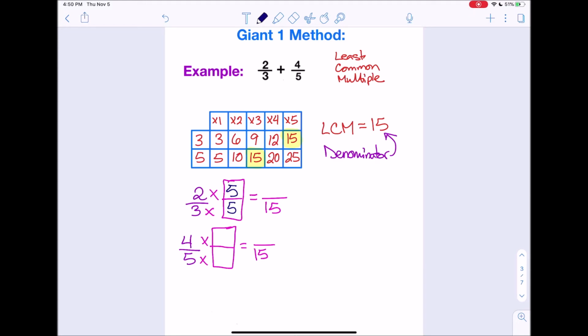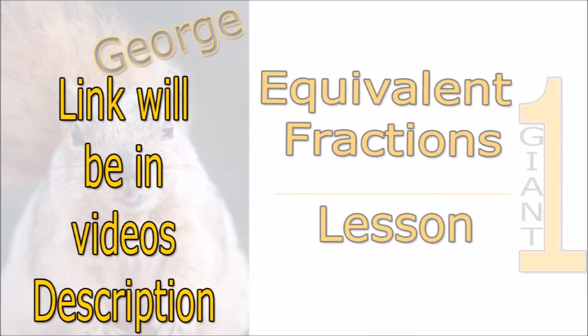We didn't change anything. That's why we want to multiply by our giant 1, because we want these fractions to be equivalent fractions. We don't want to change the fraction value. We just want to change the fractions so that they can have a common denominator, but we're looking for equivalent fractions. And if you don't remember what equivalent fractions are, please watch the video on equivalent fractions.